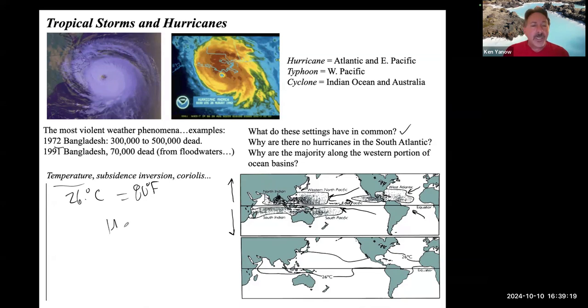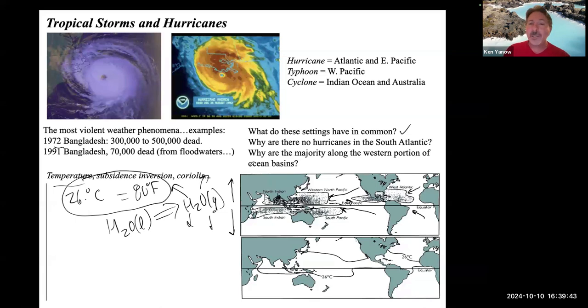And so when you take all this H2O liquid with a bunch of heat in it, and you know it does because of the higher temperature, when this stuff evaporates and turns into H2O gas, then we're going to be releasing all of this energy. So again, these storms are energy rich, and sea surface temperature being around 26 degrees centigrade is a mandate.